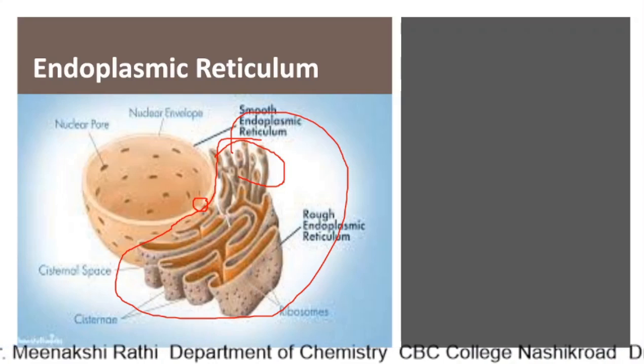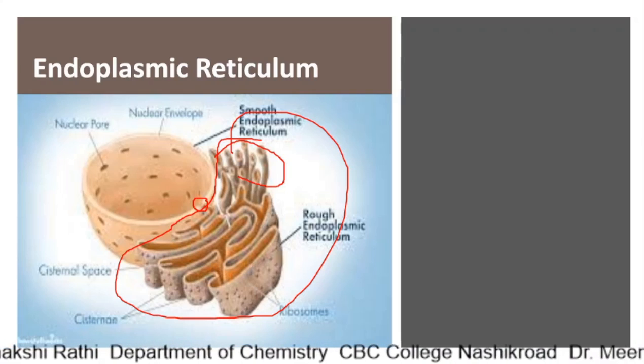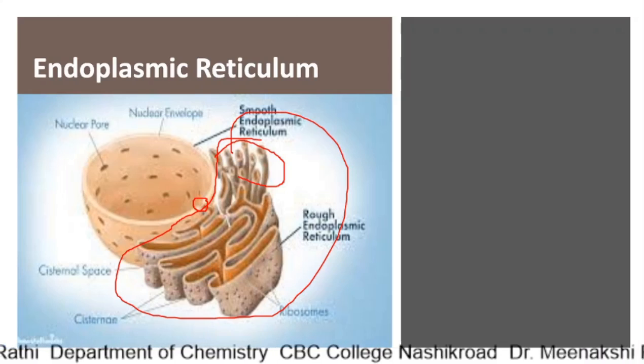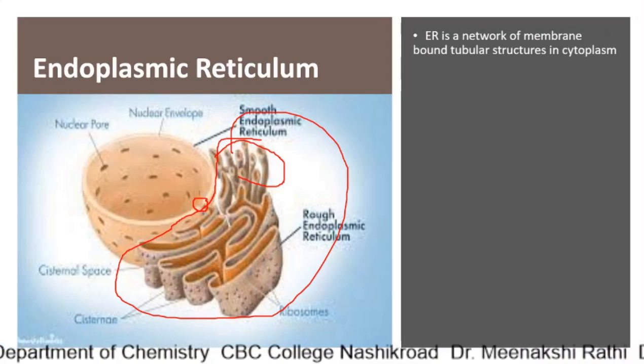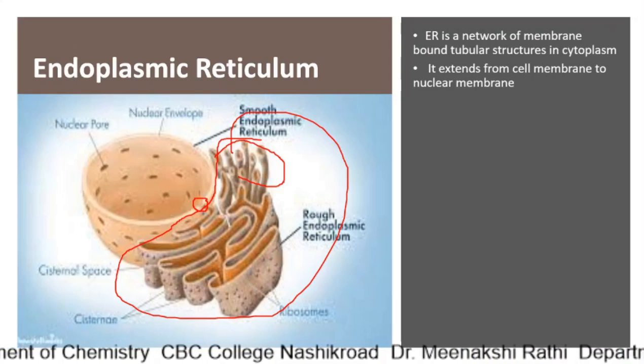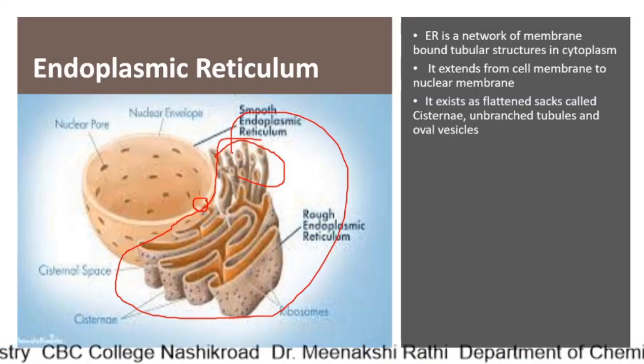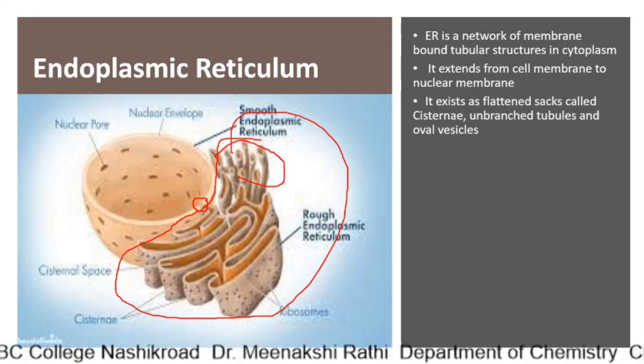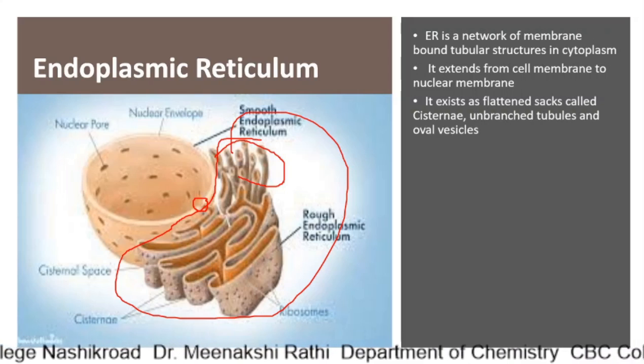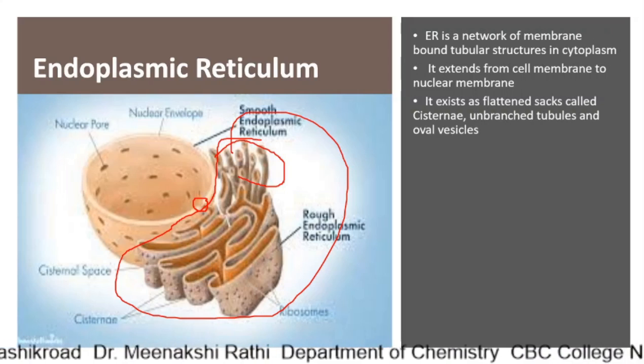Endoplasmic reticulum is made up of three types of elements, that is tubules, then vesicles and cisterns.